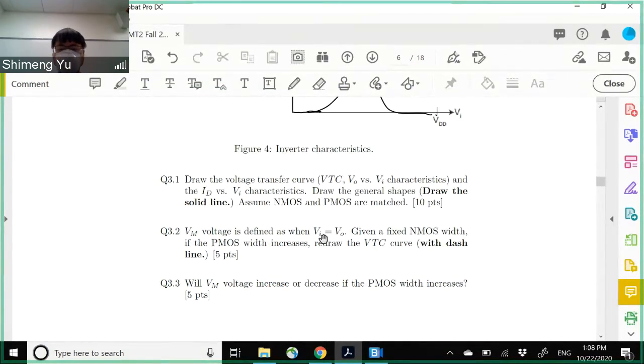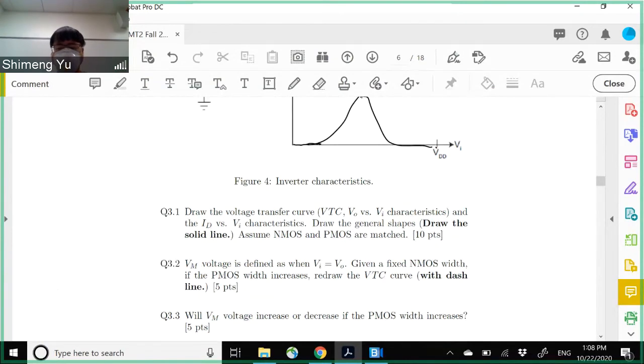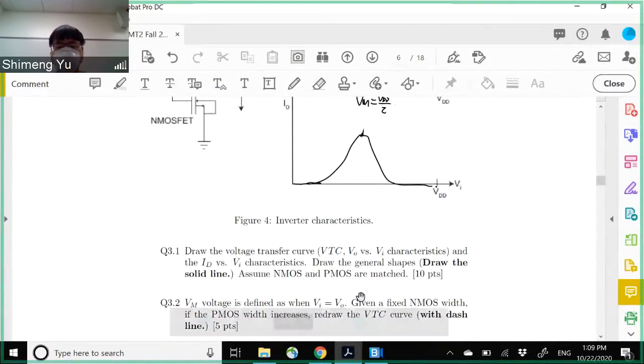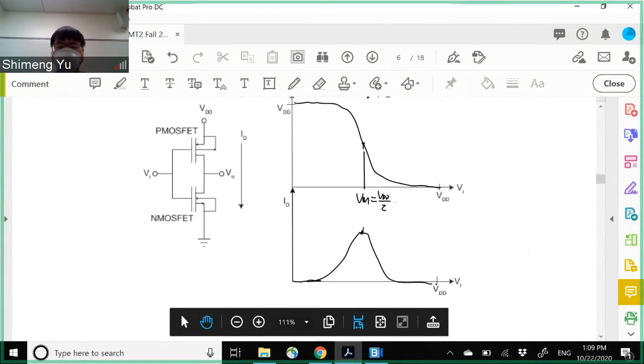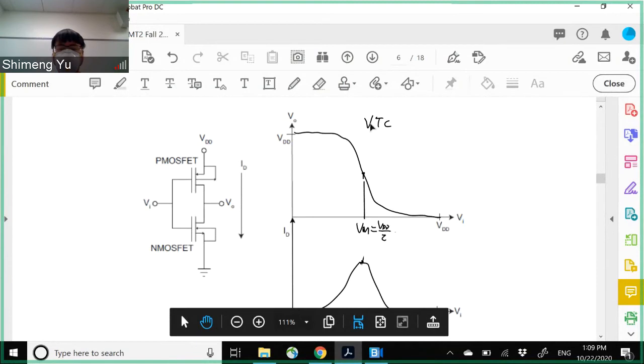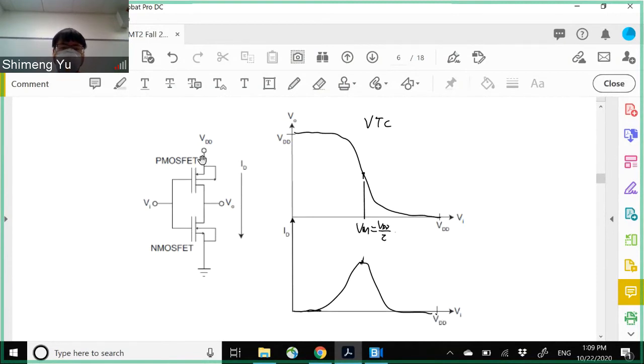Here, given a fixed NMOS width, if the PMOS width increases, redraw the VTC with a dashed line on the same plot. So basically the question is saying that now the PMOS width W increases.